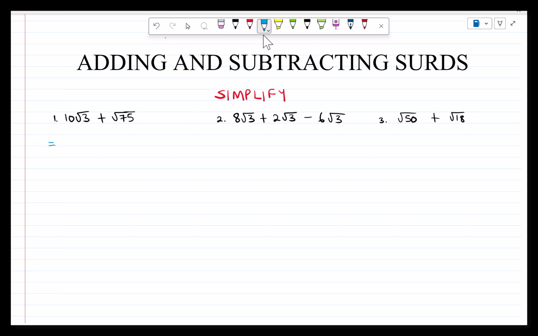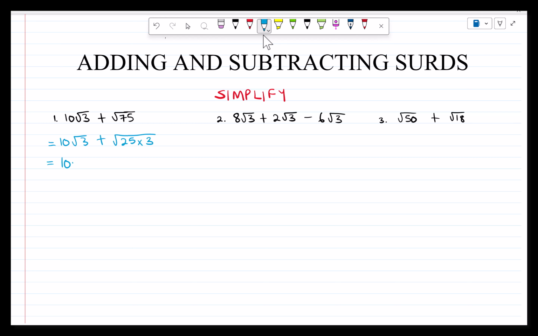We then say 10 root 3 as it is plus, remember we said 75 divided by 3 gives us 25. So in this square root, we have 25 multiplied by 3.